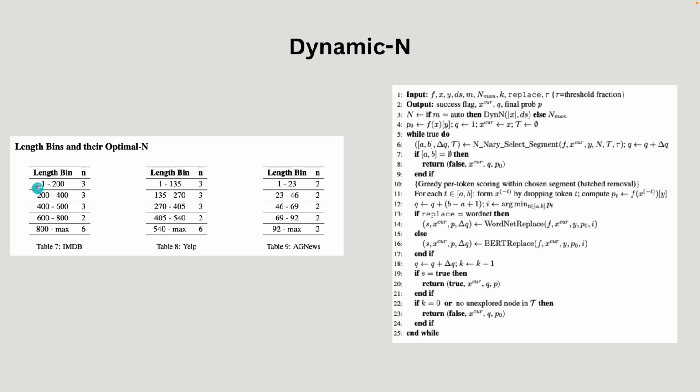So it learns for which length of sentence which n is more optimized. So during the attack, instead of fixing the n value to some number, the algorithm chooses by itself using these length bins.